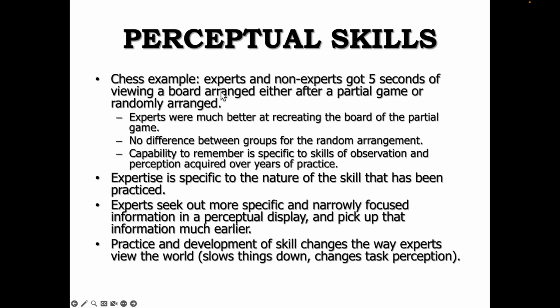And they noticed 3 main takeaways from this experiment. First is that experts, when told to try to recreate the board, were much better at recreating the board of the partial game situations compared to the non-experts. In situations where things actually could have occurred that way, the experts were better able to place the pieces accurately compared to the non-experts.